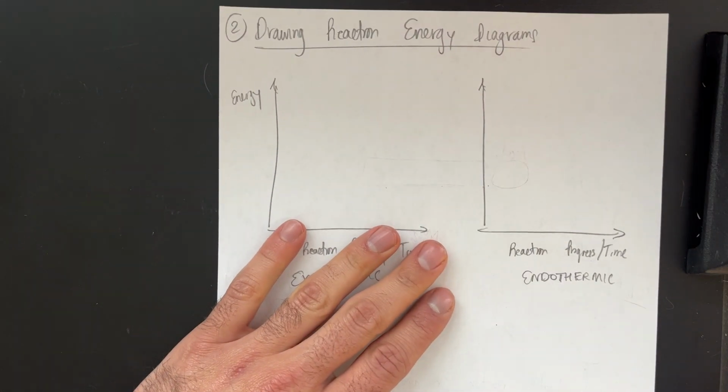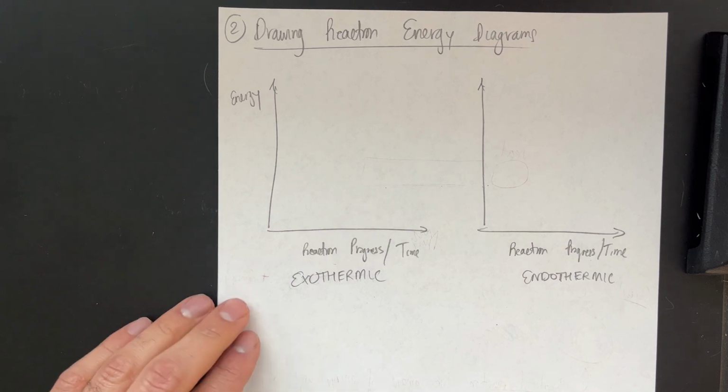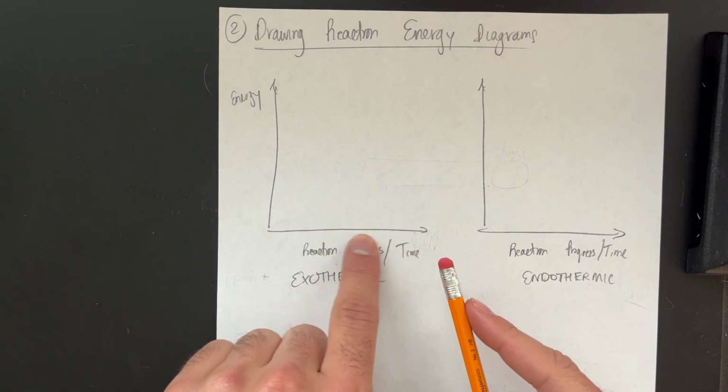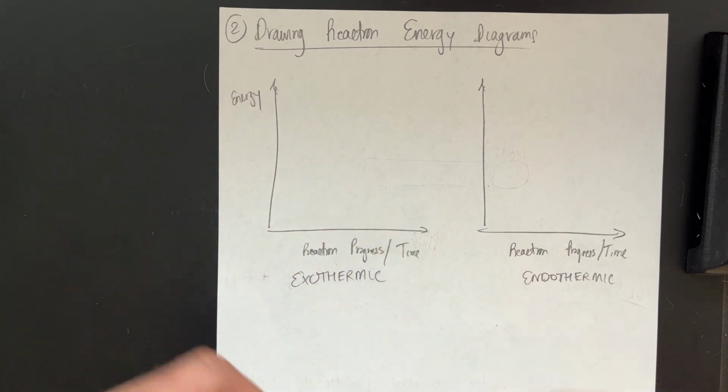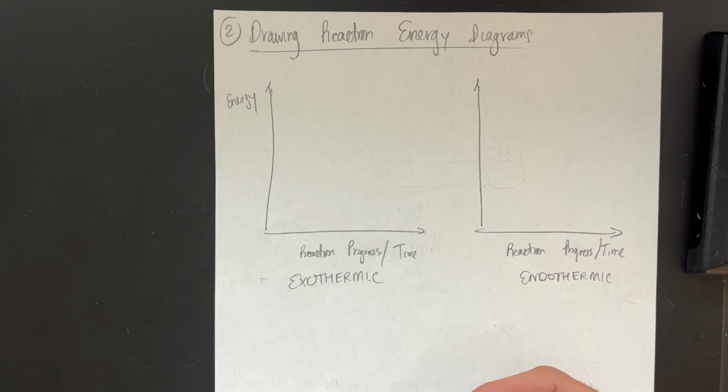The second thing we learned how to do was drawing reaction energy diagrams, and they are actually relatively simple. They're basically graphs where we have time, also known as reaction progress, on the x-axis, and energy on the y-axis. And they look different for exothermic versus endothermic reactions.